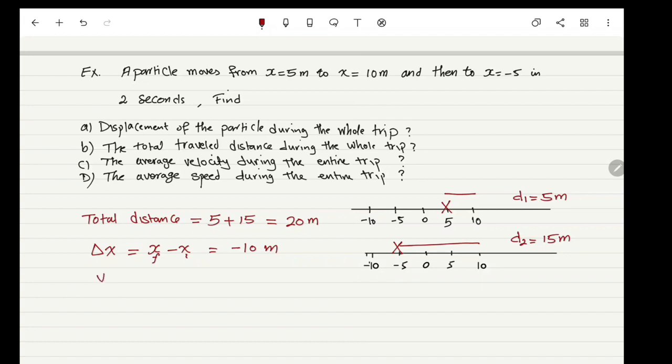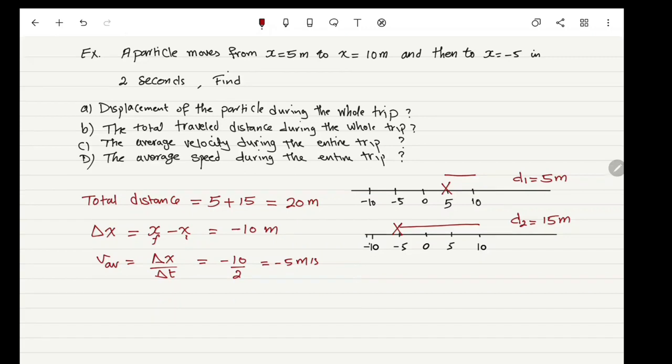Now the average velocity is equal to delta x over delta t, or the displacement in this case, which is -10 divided by 2, which equals minus 5 meters per second.